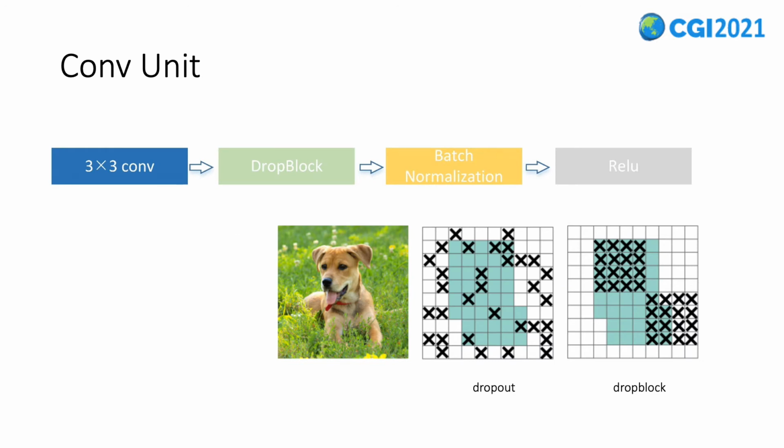To avoid overfitting, we utilize DropBlock as a regularization method, different from dropout randomly dropping independent units. DropBlock discards a contiguous region of a feature map together. The new Conv Unit is constructed by a convolutional layer followed by DropBlock, a batch normalization layer, and a ReLU activation.